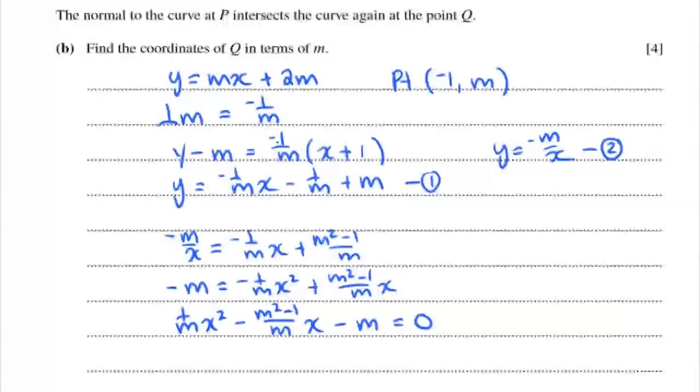Okay, so we have a quadratic that we're trying to solve. But we actually know something. We know that one of the points is P, and the other point is Q. And for point P, we actually know the x solution. And the x solution is -1. And so the factor is x plus 1, because then when x is -1, it makes it 0.